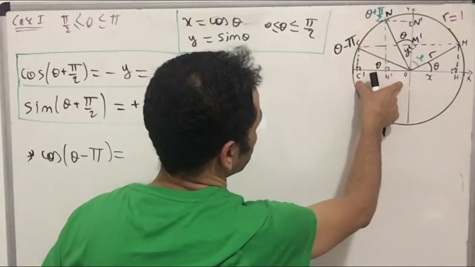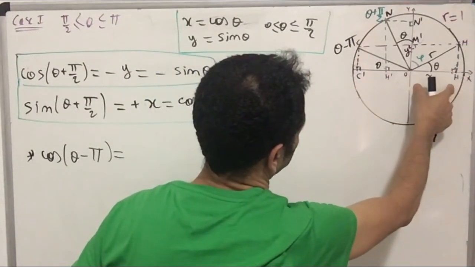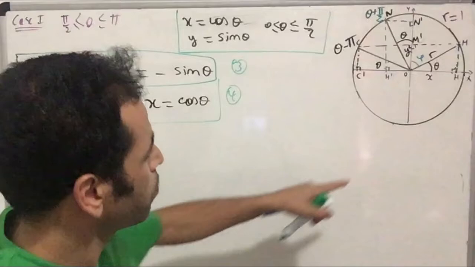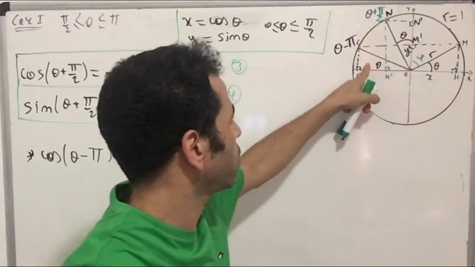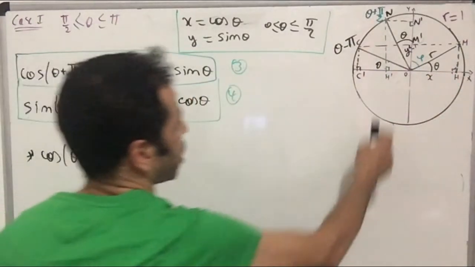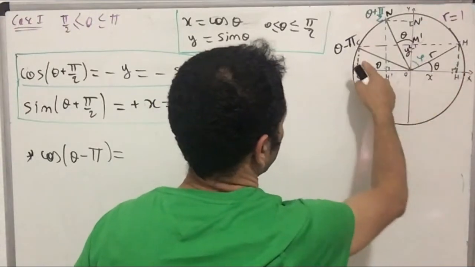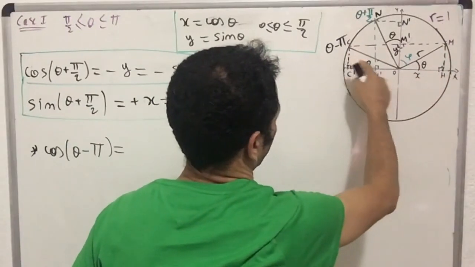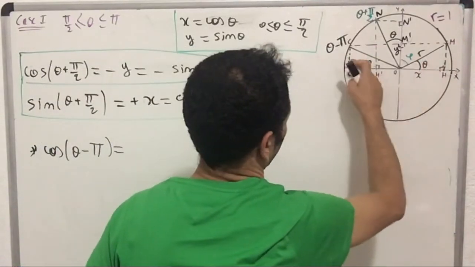What is this distance? It is equal to x, because both triangles are congruent, the first one and the last one. They have the same hypotenuse, the same theta, and both are right triangles with a right angle.